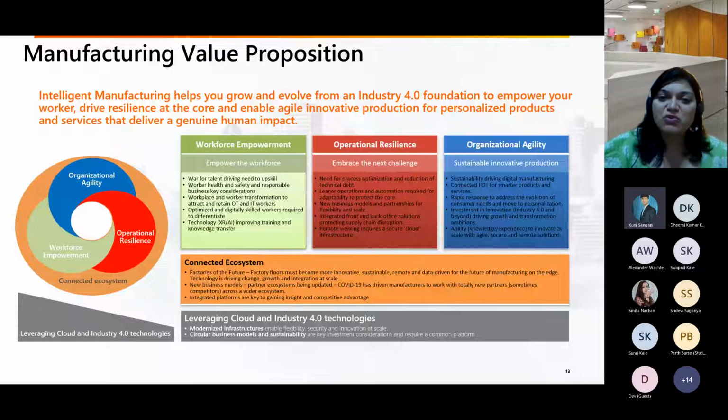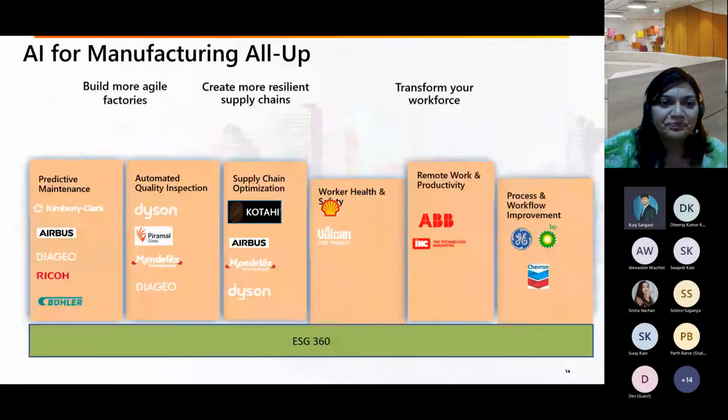I'll give you certain examples in real time also. AB InBev is one of the most famous and much advertised ones. But I'll give you some smaller brand names also where they have implemented machine learning and digital twin with the help of edge analytics and taken bold steps into the future, right?